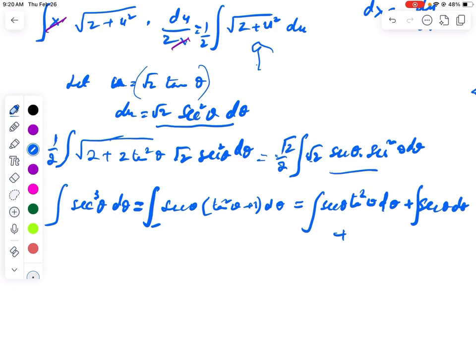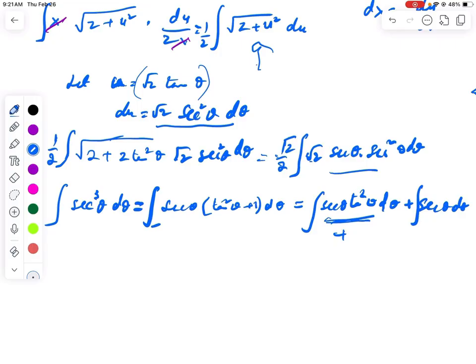So now what to do? Now this term, secant theta times tangent squared theta: the derivative of secant theta is secant theta times tangent theta. So if we had secant theta times tangent theta over here, we would know what the integral would be.